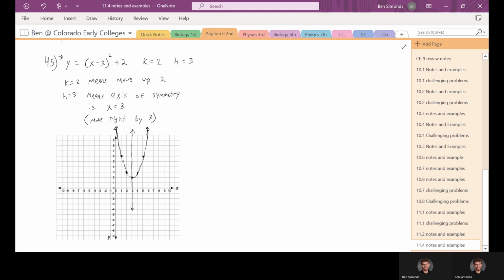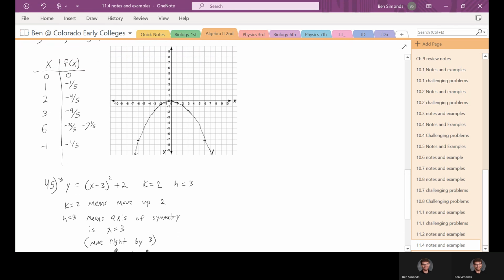So vertex is a term I haven't gone over quite yet, and that was a bit of an oversight on my part. So the vertex is the flipping point of the parabola. In the case of a positive parabola like this, it's the lowest point. In the case of a negative parabola, the vertex would be the highest point.